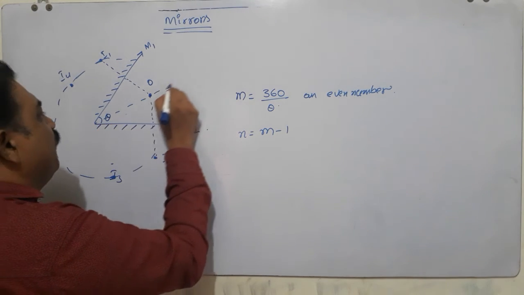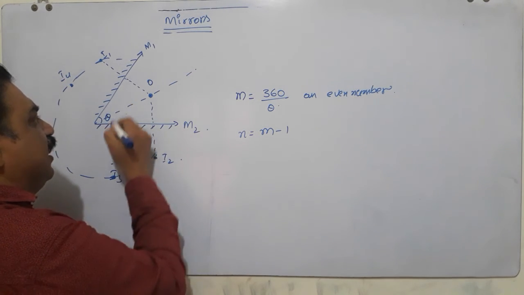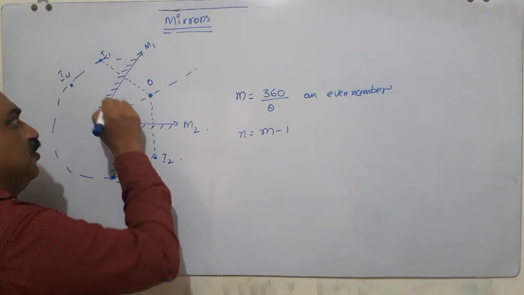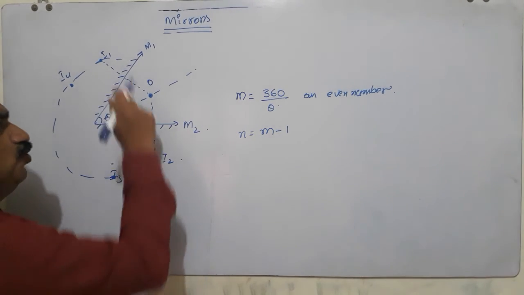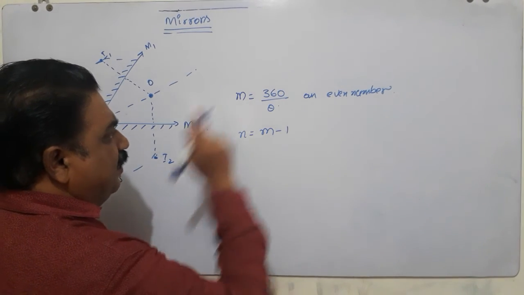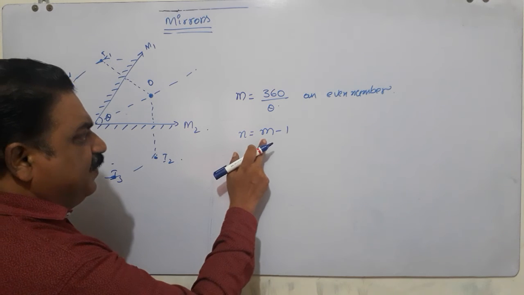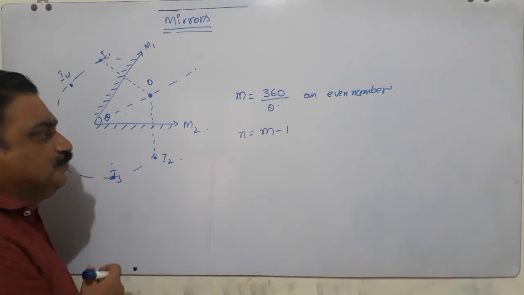This holds whether you keep the object on the angular bisector of the mirrors or at any position in between the two mirrors: if m is an even number, then the number of images is equal to m minus 1.